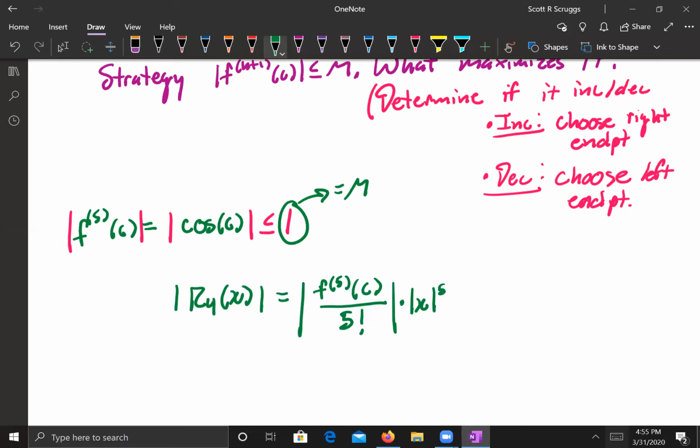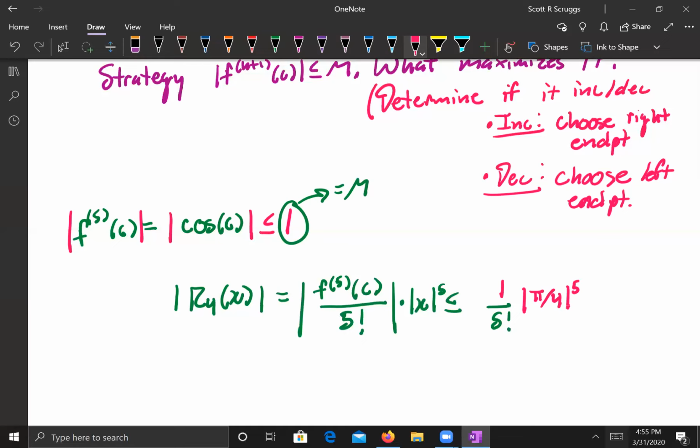That is going to be less than or equal to, now I'm going to replace the 5th derivative at c with M, which we determined to be 1. So 1 over 5 factorial. And what I'm now going to do is plug in for x, I'm going to plug in pi over 4.